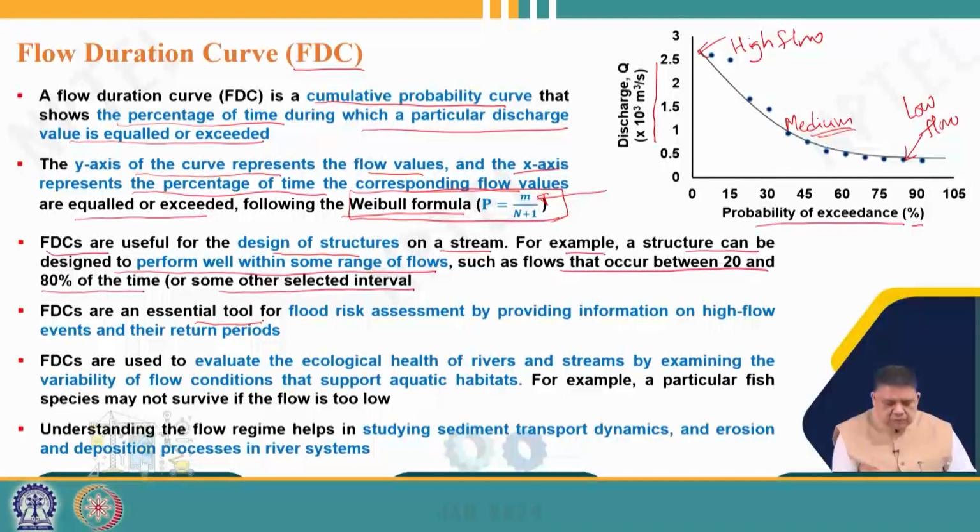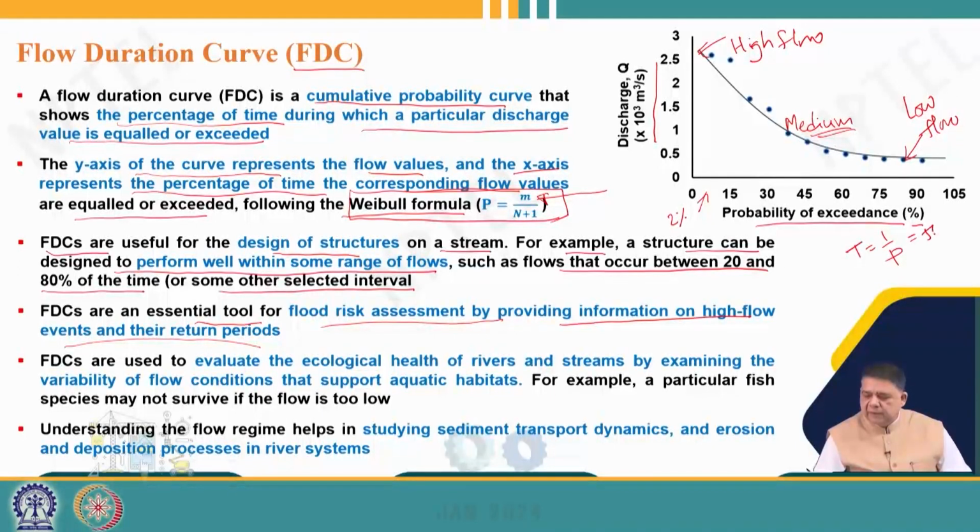They are an essential tool for flood risk assessment by providing information on high flow events and their return period. So, obviously, if we talk about say 2%, then we know that T equals 1 by P. So, T will be 50 years.